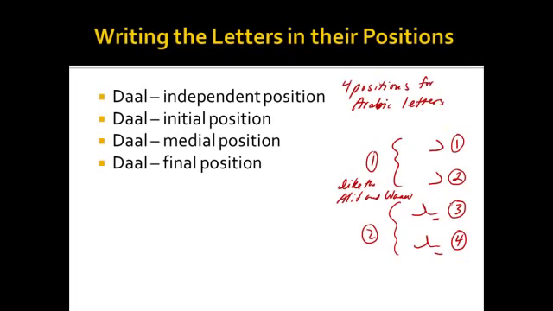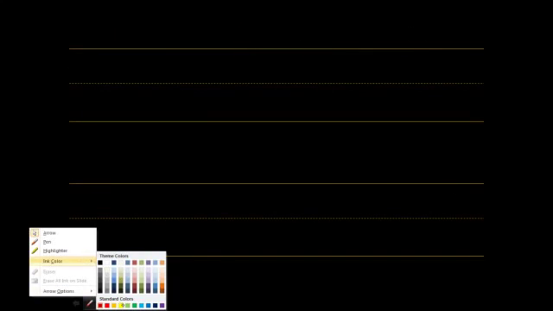Let's write this a couple of times. Change my color to yellow. So here we have the daal. So the daal, I'm going to start up here and write it like that.